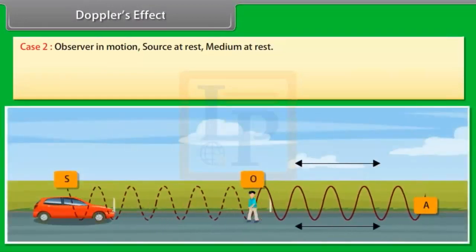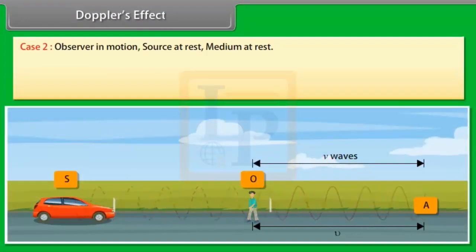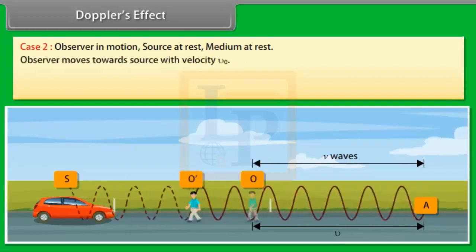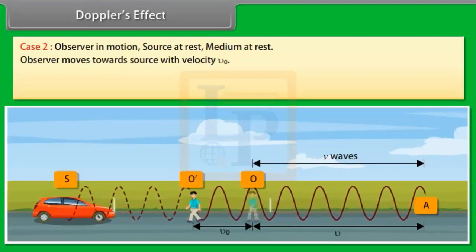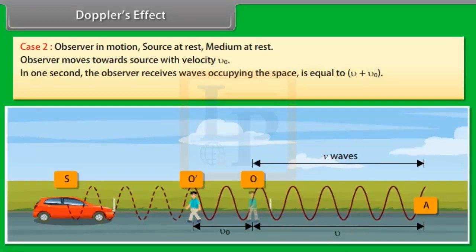Case 2. Observer in motion, source at rest, medium at rest. Observer moves towards source with velocity v0. In 1 second, the observer receives waves occupying the space equal to v plus v0. Number of waves in unit distance is equal to nu upon v.